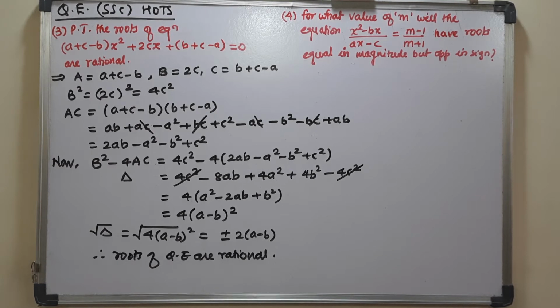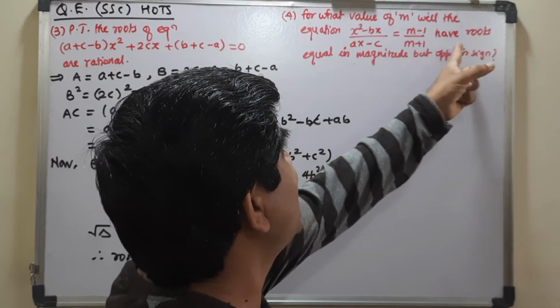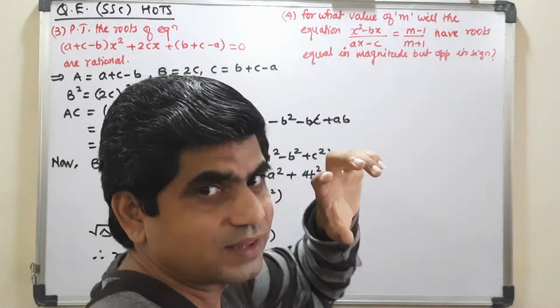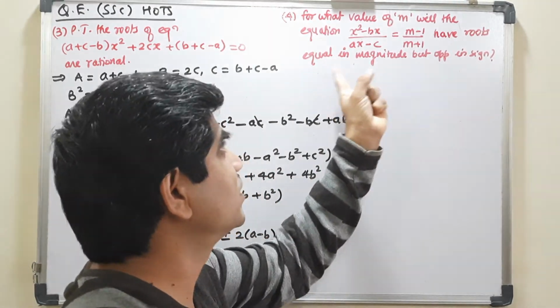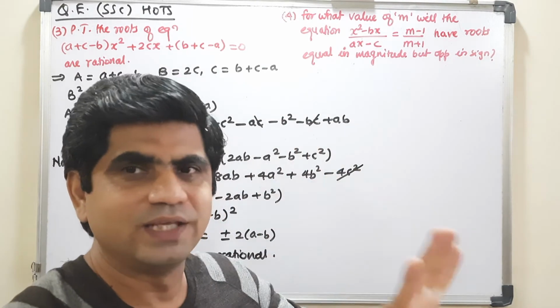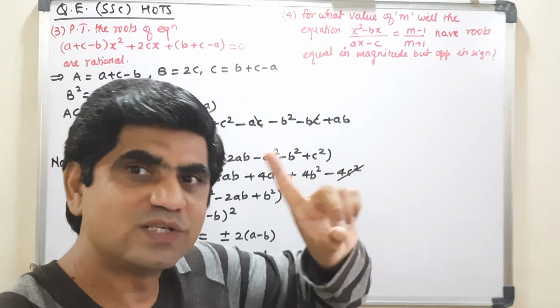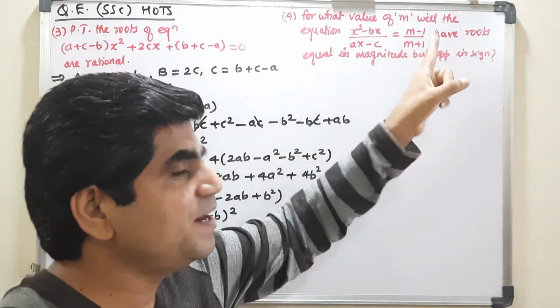See the question that I have written already on the board. It says, for what value of M? Logical question it is. For what value of M means what should be the value of M? This particular equation must have roots that are equal in magnitude. If you don't understand magnitude, understand one thing: they must have equal value, the modulus value must be the same, but the sign must be different.